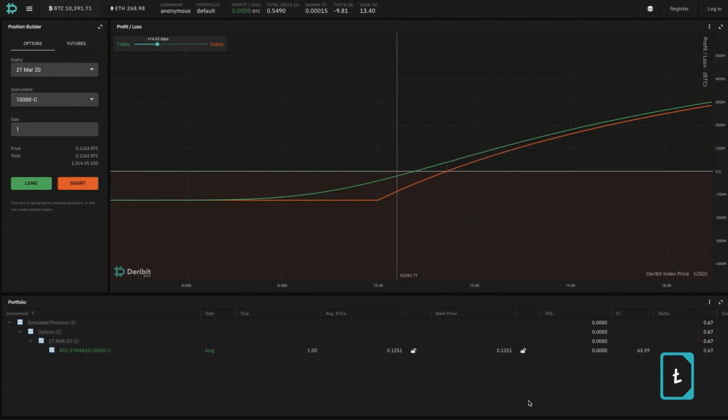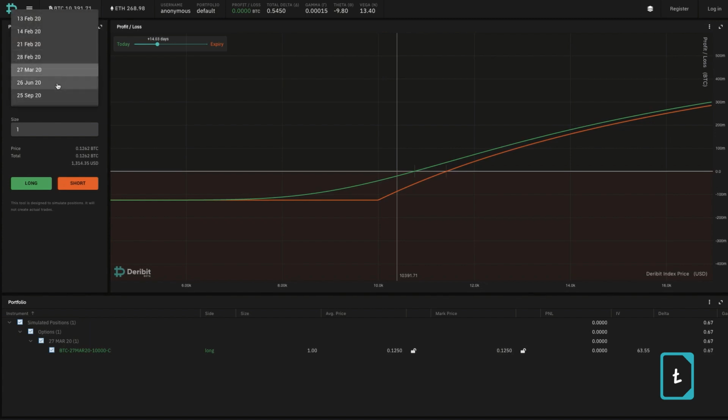The price of these contracts change relative to how far away the contract price is relative to the current price, and also the amount of time between now and whenever this contract expires.